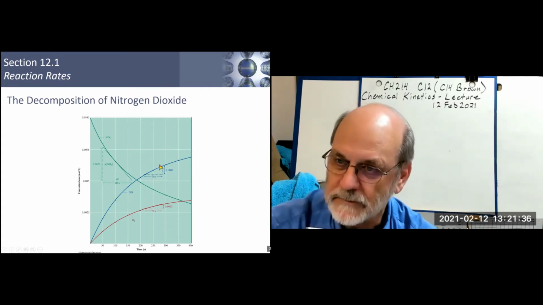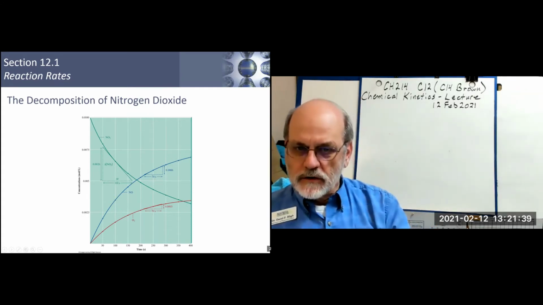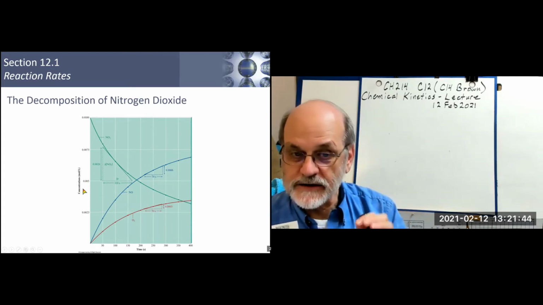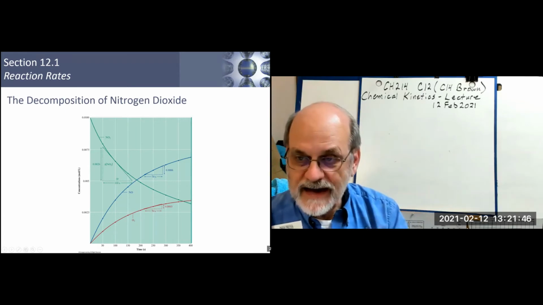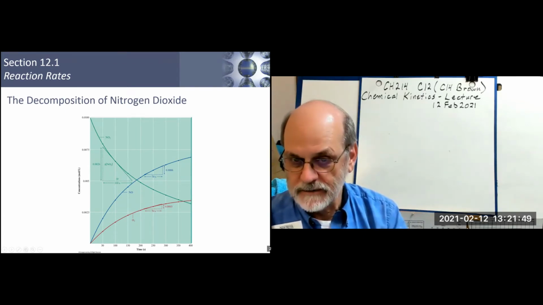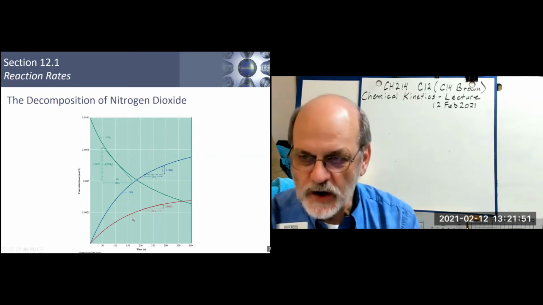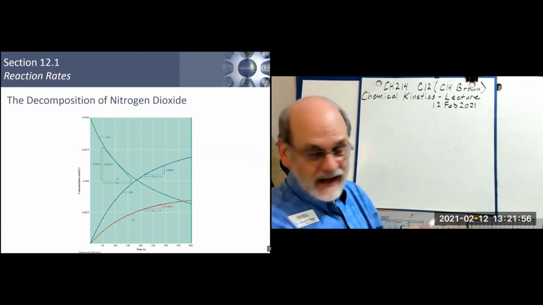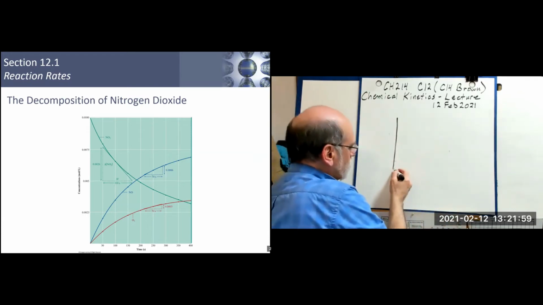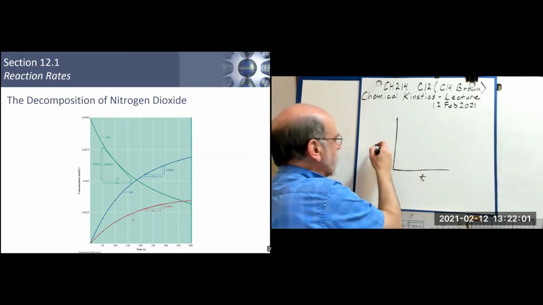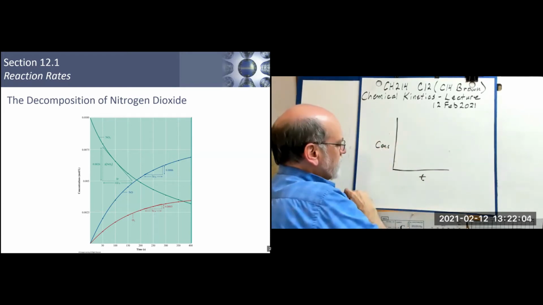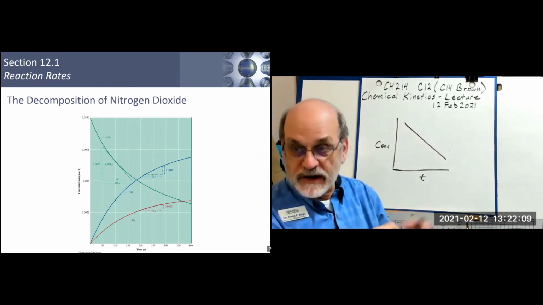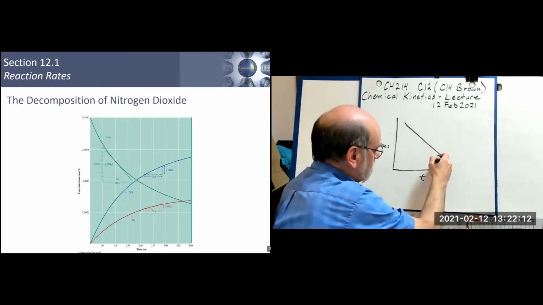Now, how do we tell the rate? Well, if you graph these things, notice that the y-axis is concentration, and the x-axis is time. So what's the slope of a line? That's the question. If you have a straight line, time here, concentration here, then all you would need to do is pick 2 points.